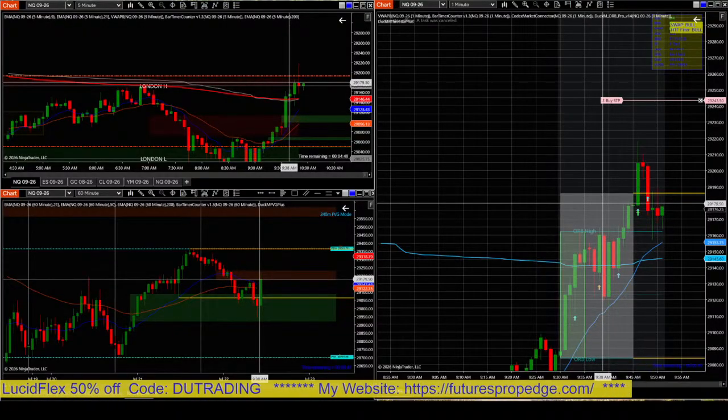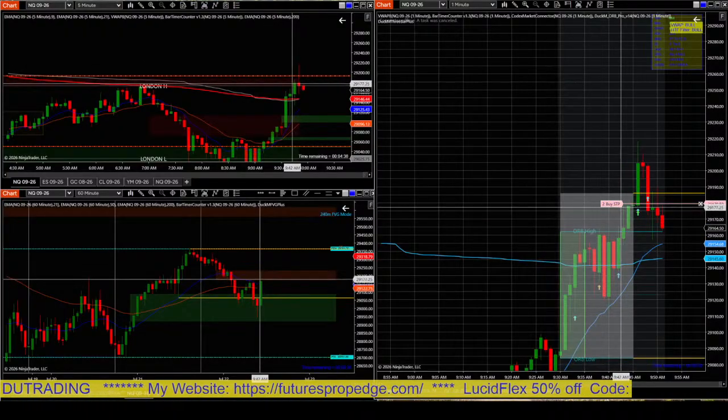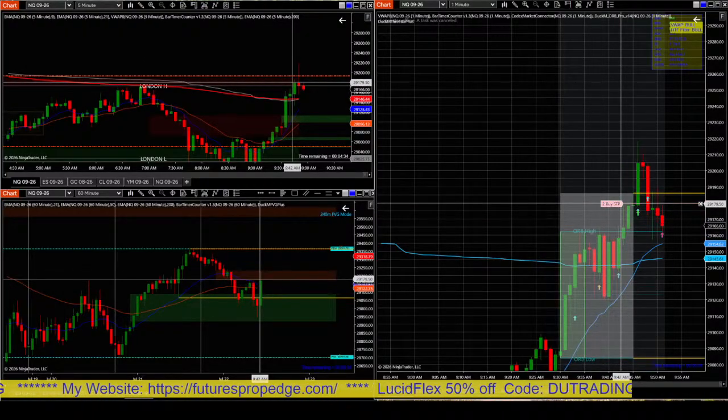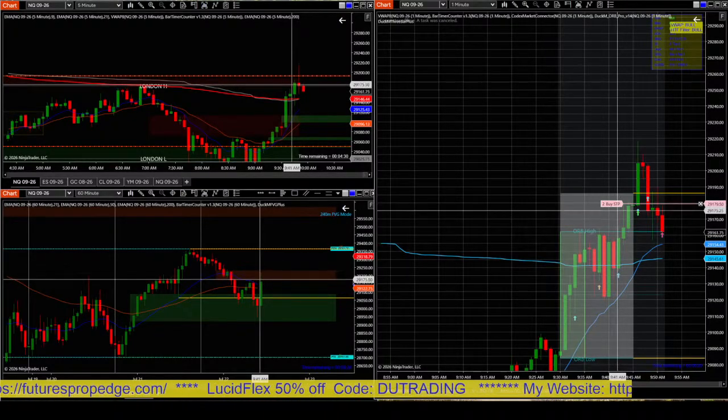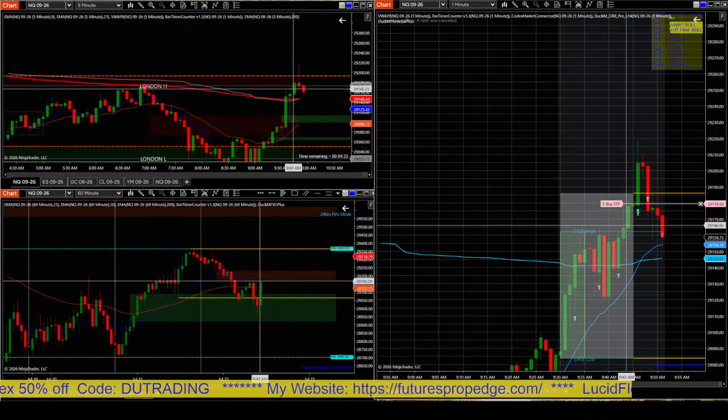But I still think we can catch 10 points here if we break the 80. But again, remember I mentioned that the hourly candle may open the door for price to go all the way down to the 150s. Yeah, here we go. They're going all the way down there.